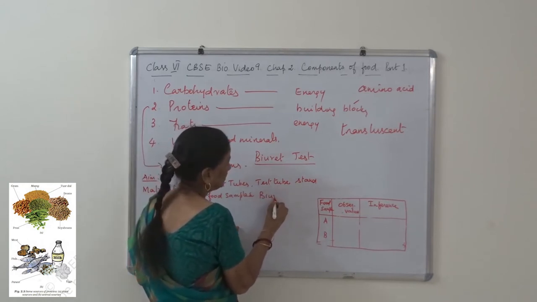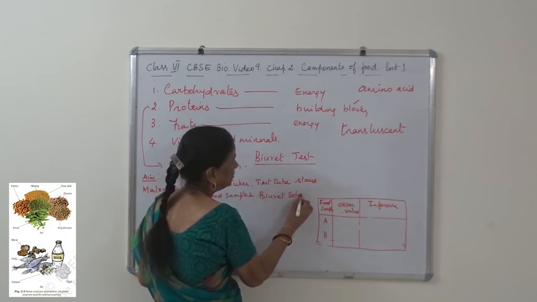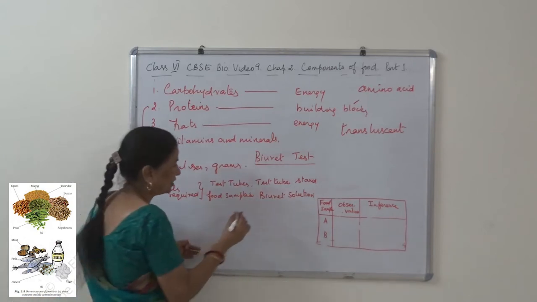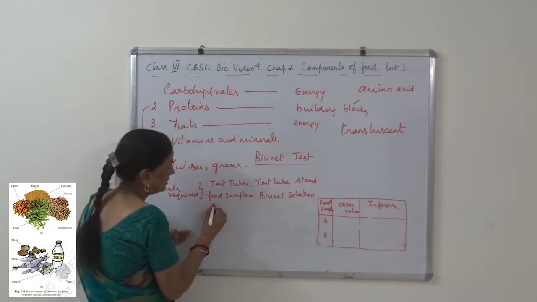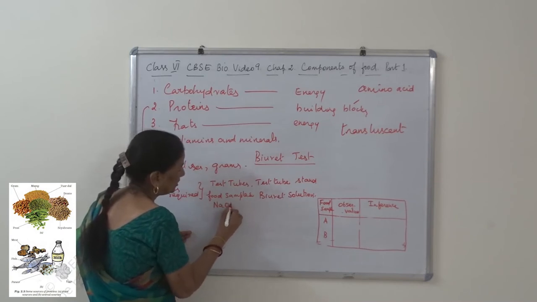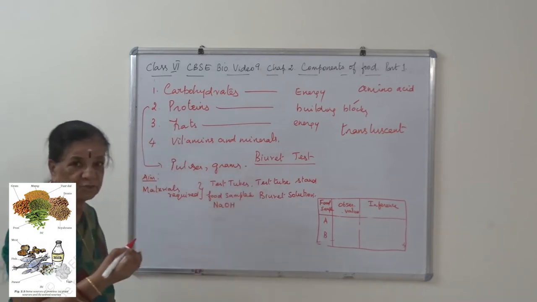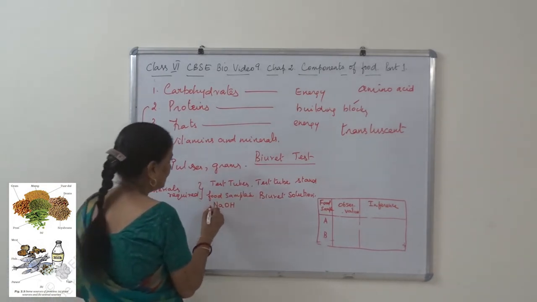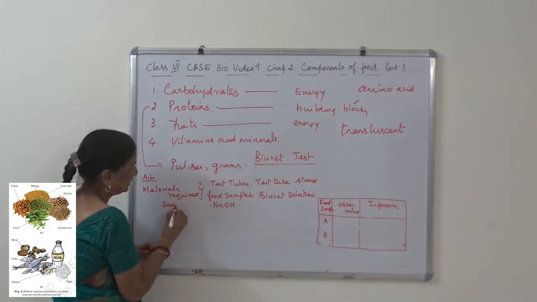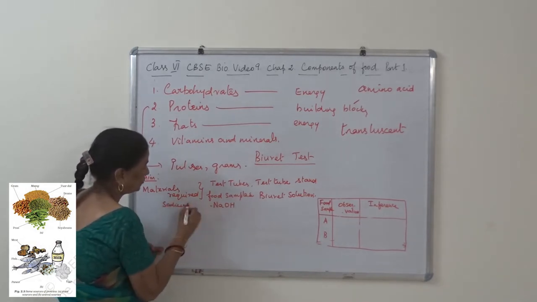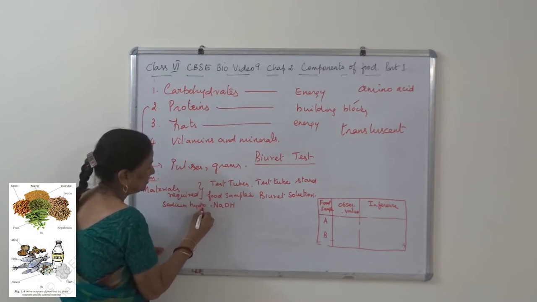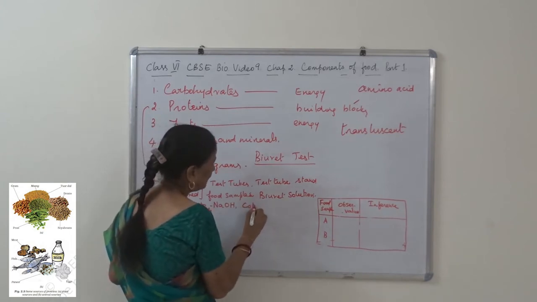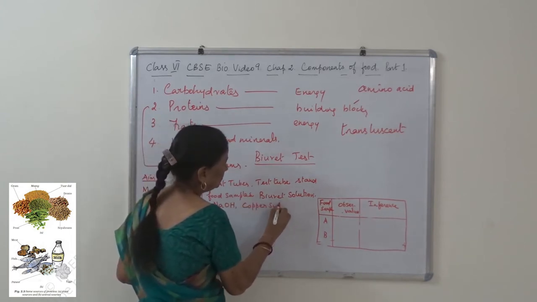Biuret solution. It is called Biuret solution. Another reagent: Biuret solution and sodium hydroxide, NaOH. And copper sulfate, CuSO4.